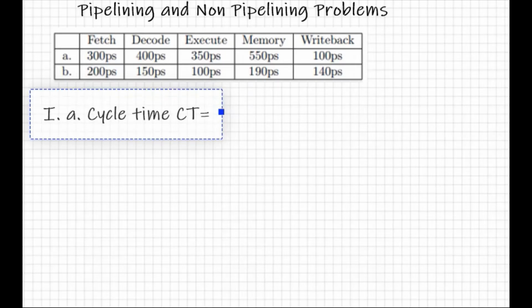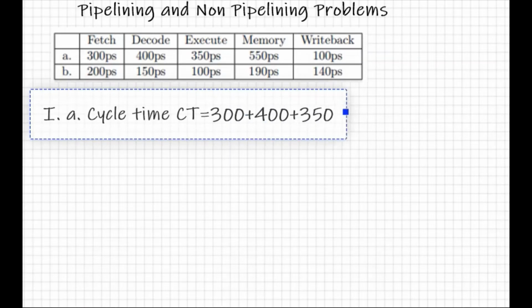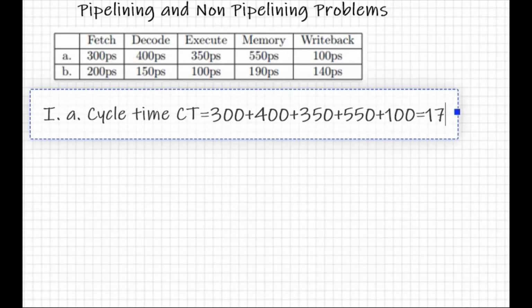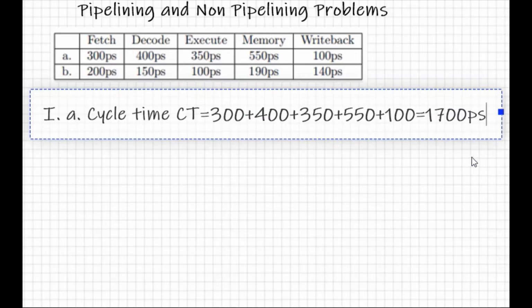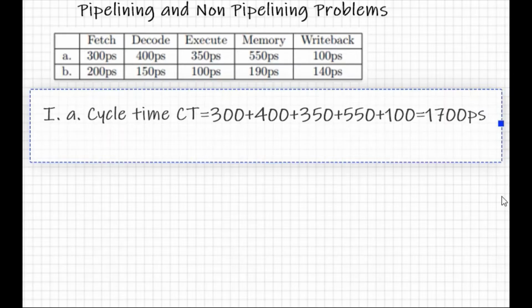So CT will become 300 ps plus 400 ps plus 350 ps plus 550 ps plus 100 ps, which equals 1700 ps. This will be your cycle time. Now for the non-pipelining system, latency is equal to the CT.